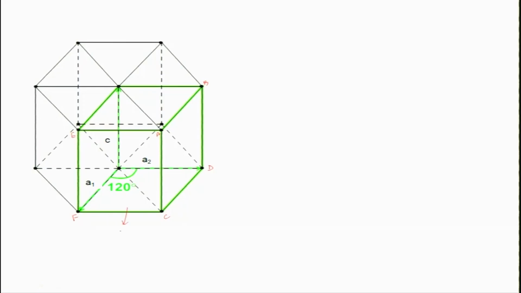So this plane is 1 0 0, this plane is 0 1 0. But if you want to depict this plane, let us say G E F H, and you go conventionally, this plane is nothing but the one which is diagonal in the smaller unit cell.